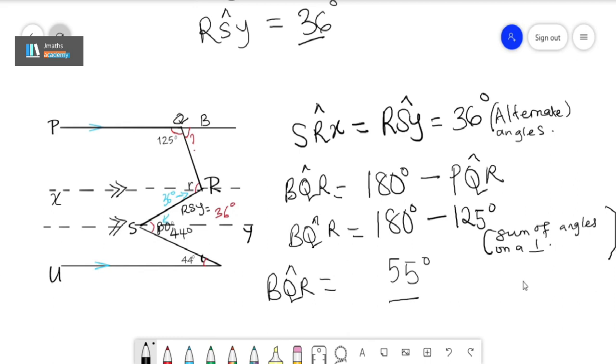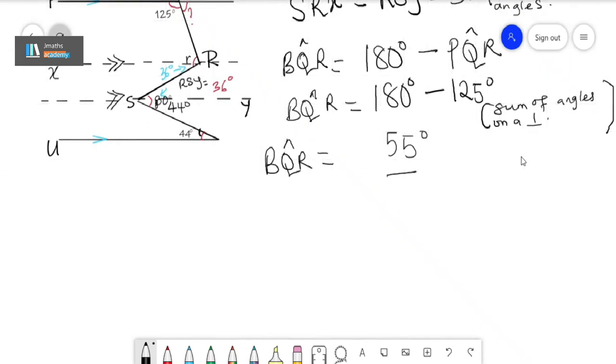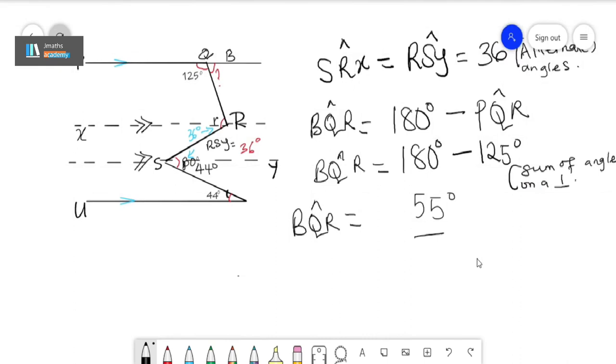We are not done yet. To find the angle R, which is QRX on our diagram, we know our angle BQR to be 55 degrees. So we now know that our angle here is 55 degrees.